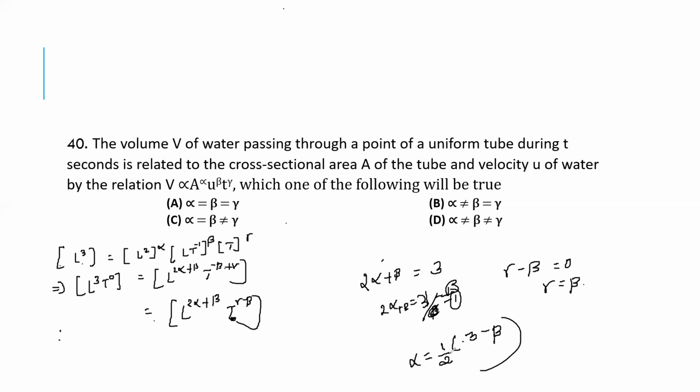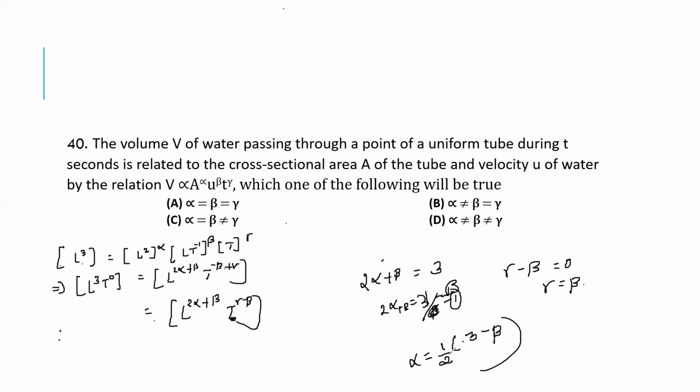Therefore, as gamma is equal to beta, see the given options. In option A, we have alpha is equal to beta is equal to gamma. No, it is not at all true. Second, we have alpha is not equal to beta and beta is equal to gamma. Yes, this is right. Option C, alpha is equal to beta. No, it is also not true. Then next we have alpha is not equal to beta, not equal to gamma.